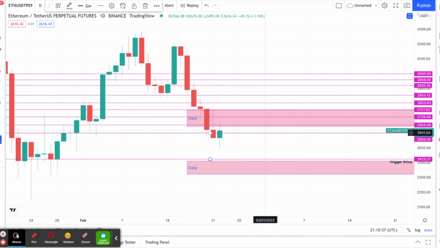At that point, you have gone from a market buy of 24.23 all the way up to 2,600, which means you have got a good 177 points profit on everything. That's your minimum profit. And then it's going to continue going up and going up. So that is the power of what a trigger price can end up doing. Okay, that's going to be the power of a trigger price.